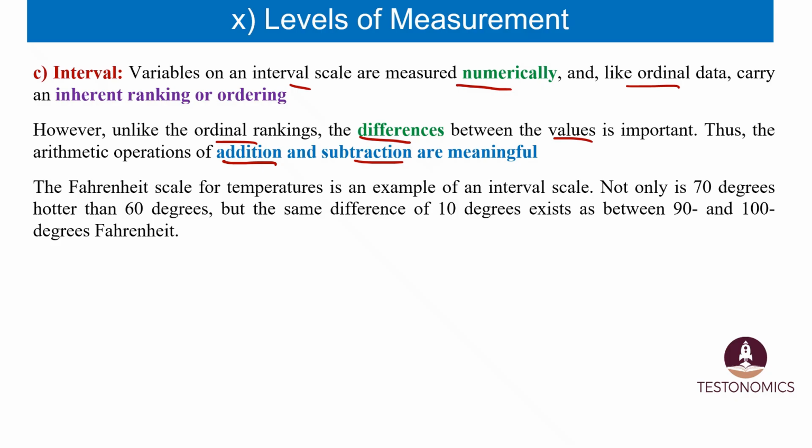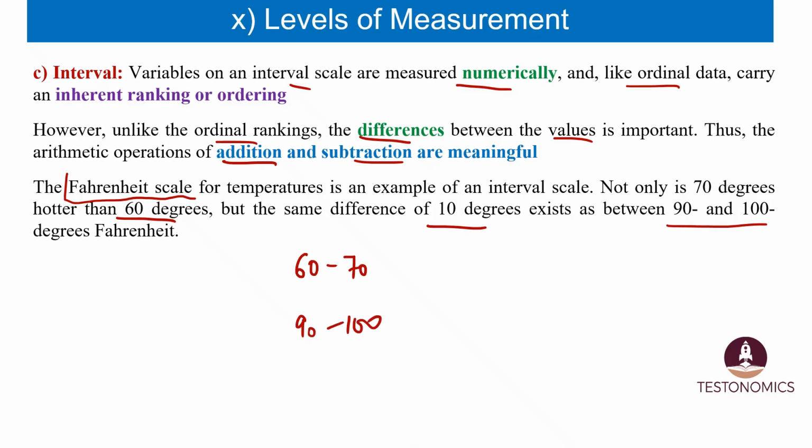As an example, consider the Fahrenheit scale of temperatures. Not only is 70 degrees hotter than 60 degrees, but the same difference of 10 degrees exists between 90 and 100. So that means the difference between 60 and 70 degrees Fahrenheit is the same as between 90 and 100.